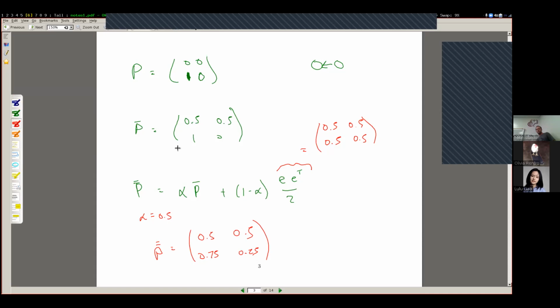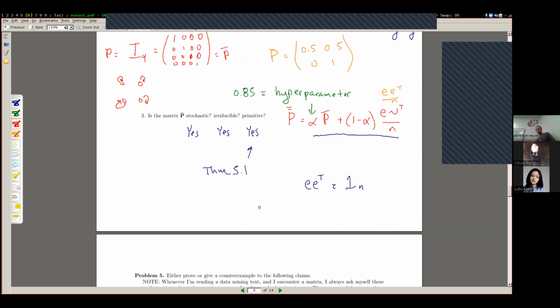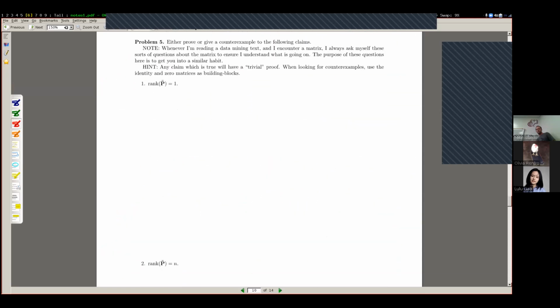So let's see. Yeah, we're going to push ahead here into this section about prove or give a counterexample to all these following claims. This is to help continue giving you some more practice with linear algebra, review concepts, but also to make sure that you're understanding the construction of all of these P vectors or P matrices and their implications.